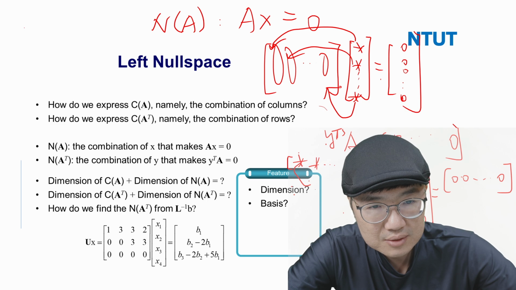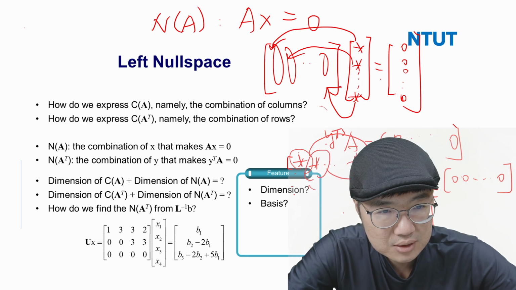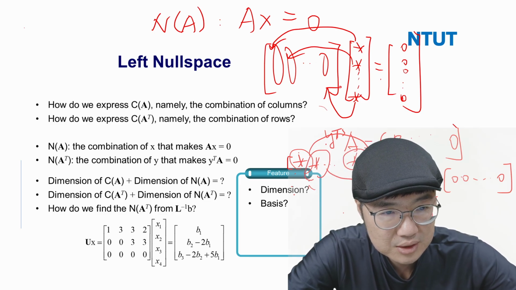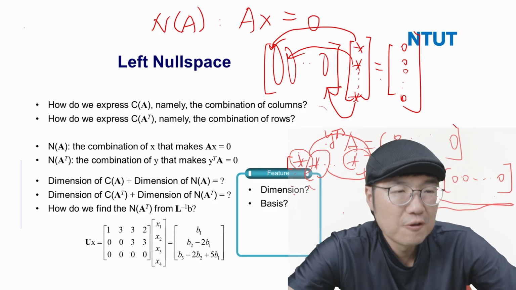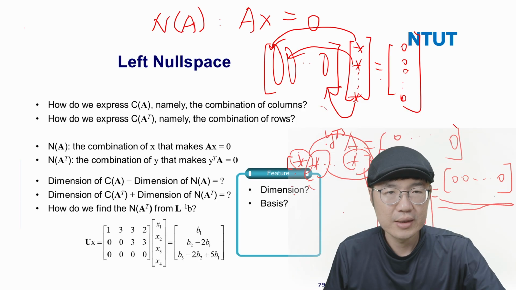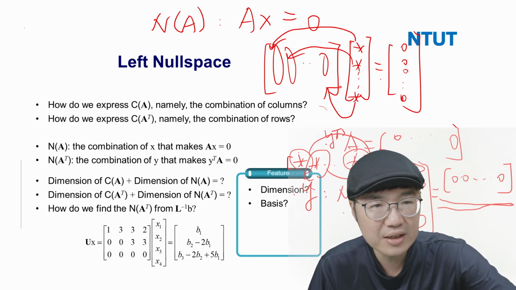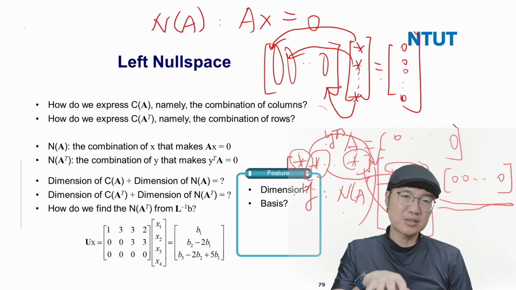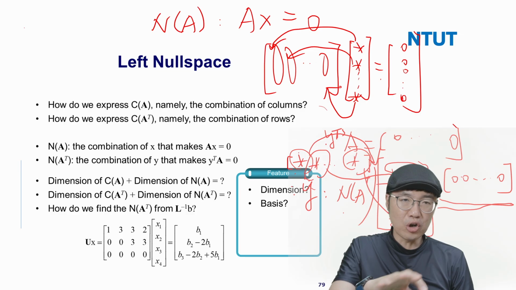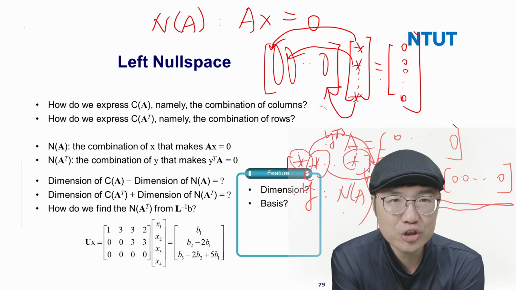When this entry times this one plus this entry times this one until this entry times this one gives 0 for the whole row, this y is the left null space vector, and the left null space is denoted by the null space of A transpose.